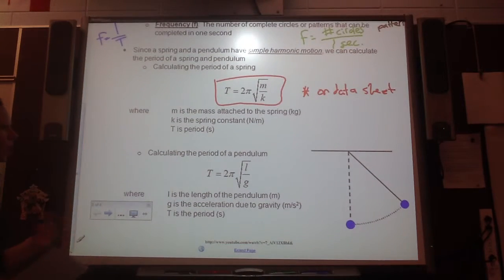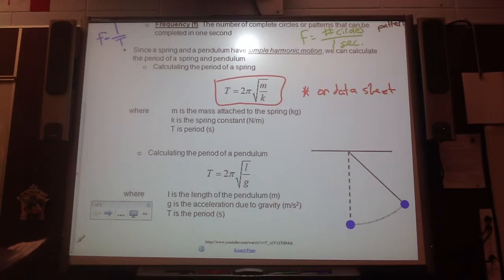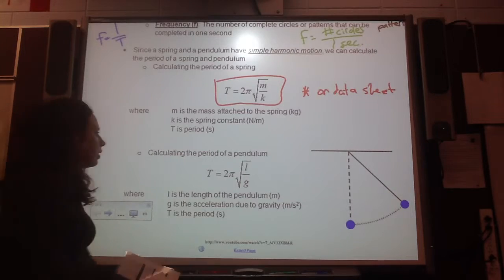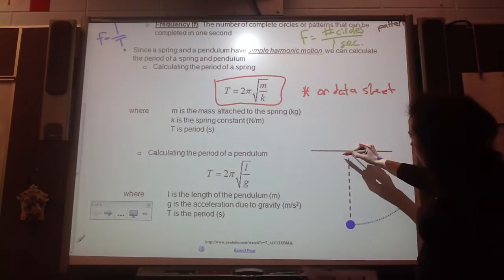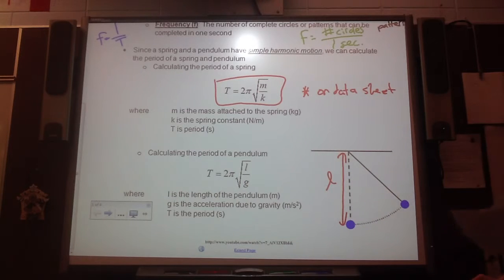And then we can also calculate the period of a pendulum, where L here is the length of the pendulum. So that's L. G is the acceleration due to gravity, which we always know, and T is our period in seconds.